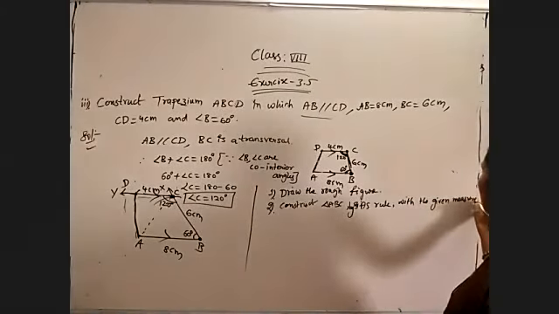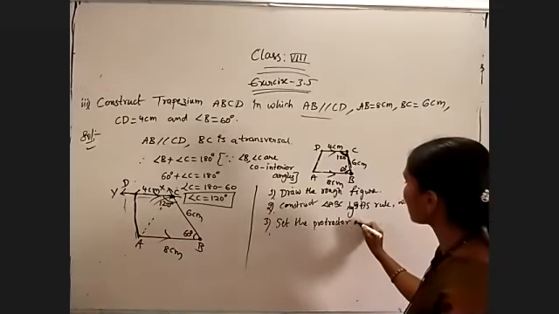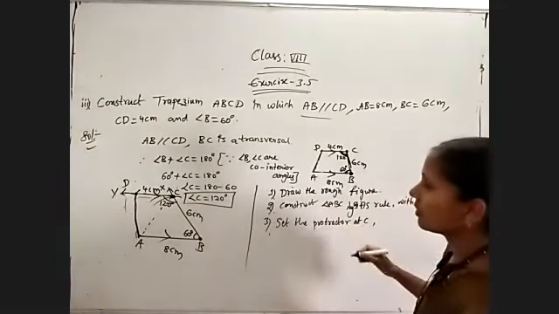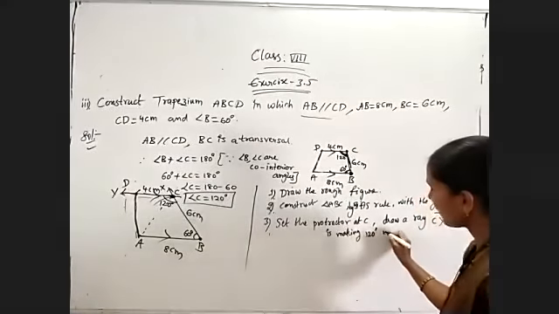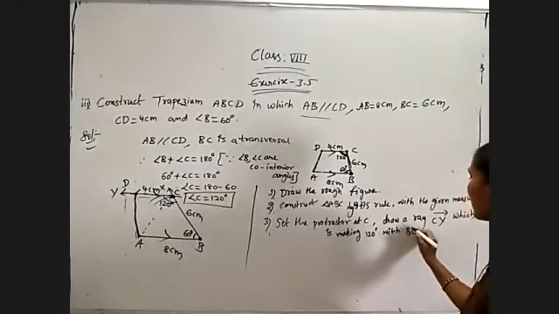So with C as center, set the protractor at C, draw an arc, draw a ray CY which is making 120 degrees with the line segment BC.